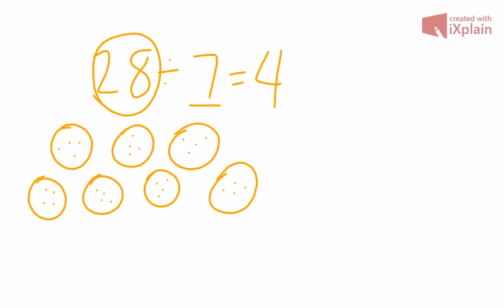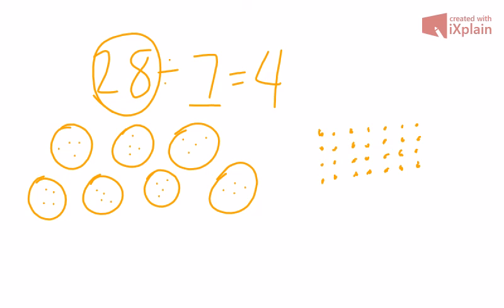So I'm going to have 1, 2, 3, 4, 5, 6, 7, and I'm going to put 1 in each of those columns until I get to 28. Now I've already got 7 up there. So now I just have to go 8, 9, 10, 11, 12, 13, 14, 15, 16, 17, 18, 19, 20, 21, 22, 23, 24, 25, 26, 27, 28.